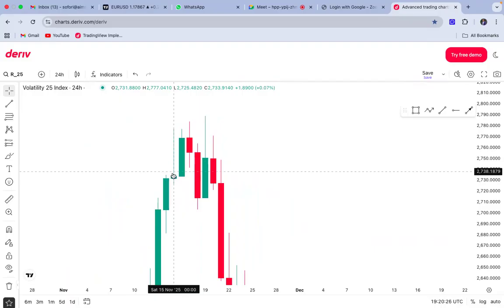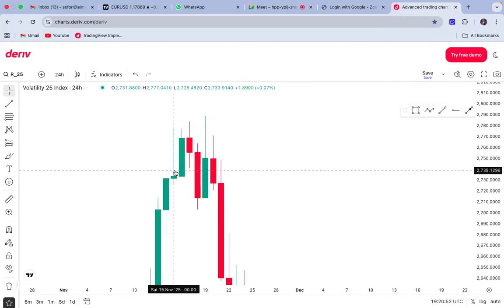You see that it is green, but it has a very tiny body and a longer upper wick. We call this tiny line the wick. Some people also call it shadow. Others refer to it as tail. Wherever you meet it, it is the same thing: tail, shadow, or wick. This one has a longer upper wick and then a shorter lower wick with a tiny body.